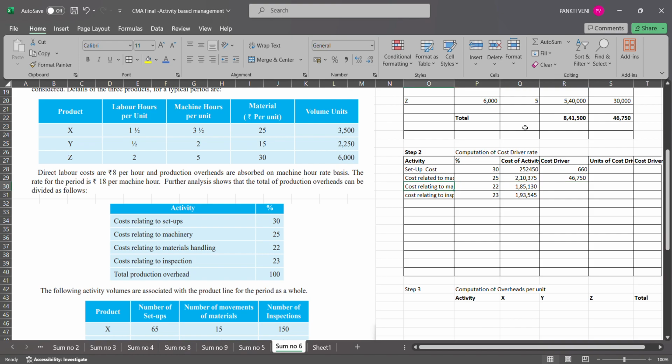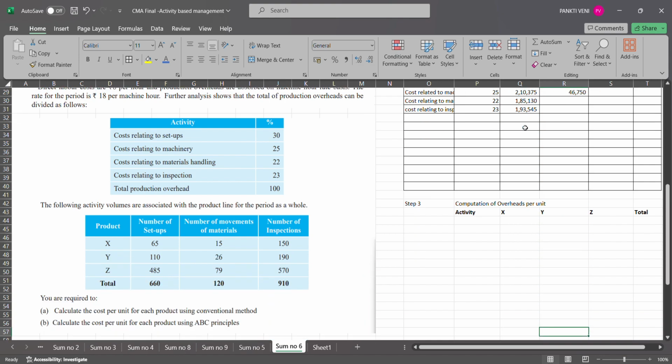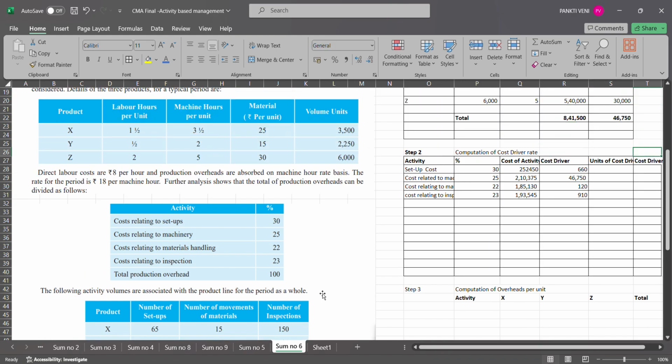Then cost related to material handling: number of movements is 120, so I'll note that down. Then cost related to inspection, I have 910.